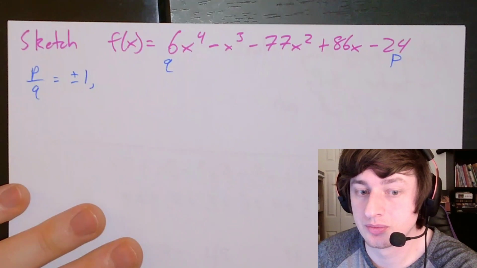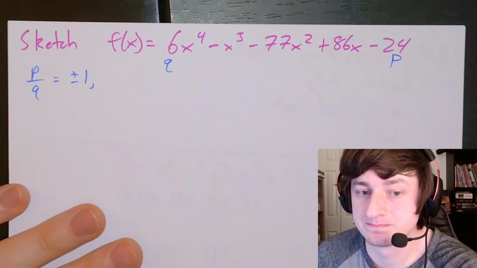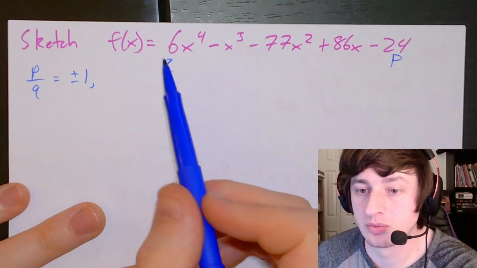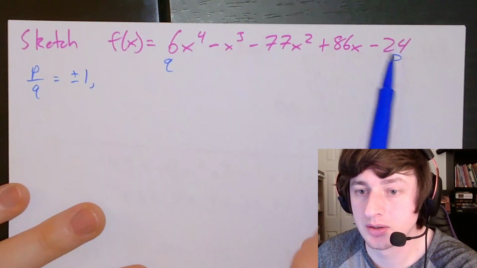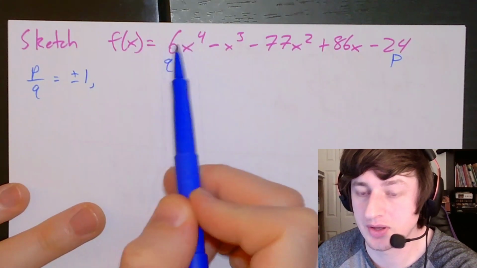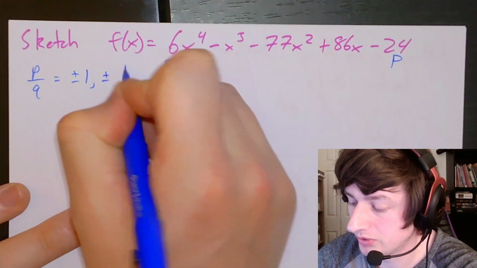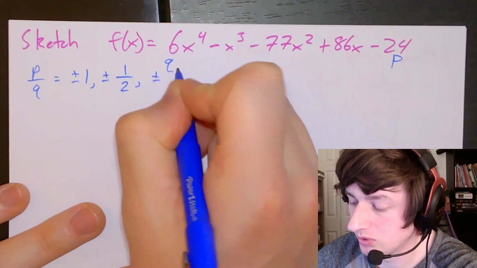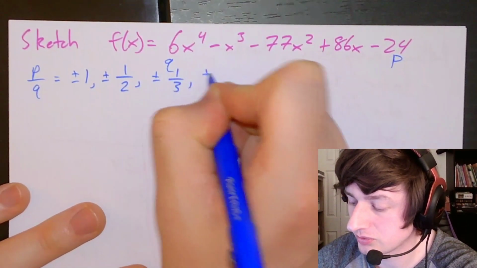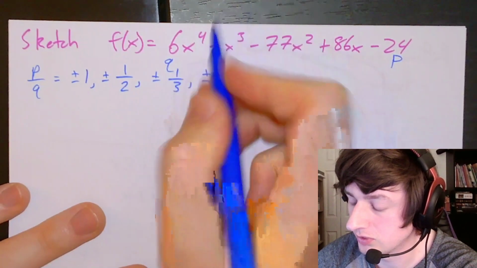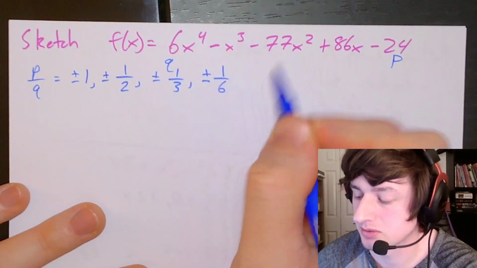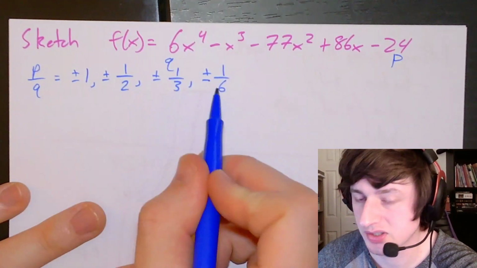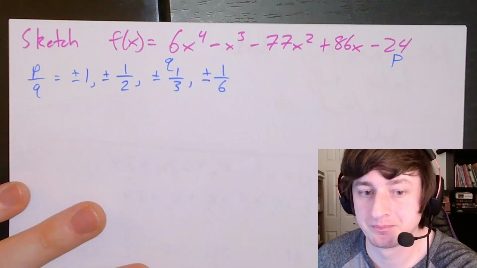I'm going to do fractions, though, from here. So, because we could have 1 over the factors of this, we can get plus or minus 1 over 2, plus or minus 1 over 3, plus or minus 1 over 6. Those are all the factors of 6. 1, 2, 3, 6. Great.